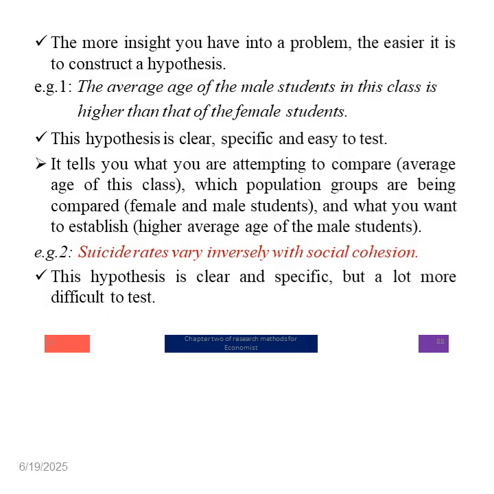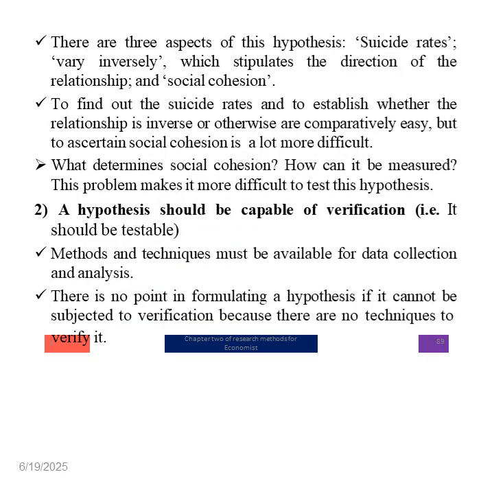Example 2. Suicide rates vary inversely with social cohesion or social integration, social coordination. This hypothesis is clear and specific, but a lot more difficult to test. As we said, hypothesis should be testable, otherwise it is difficult to use. There are three aspects of this hypothesis: suicide rates, vary inversely, which establishes the direction of relationship, and the social cohesion.